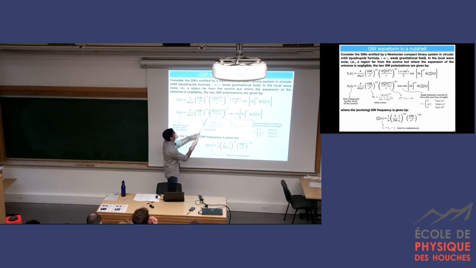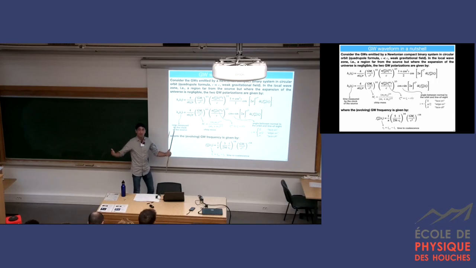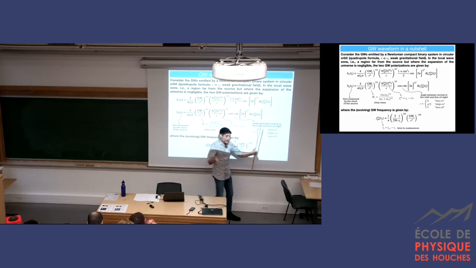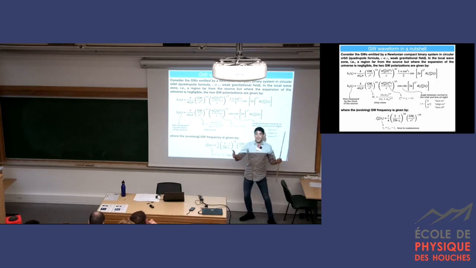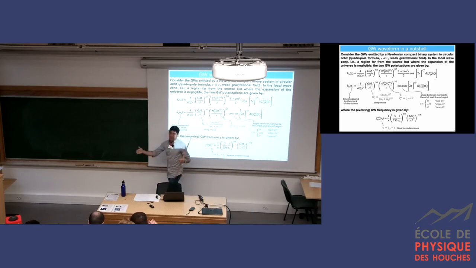Here I'm expressing the frequency of the gravitational wave as a function of the retarded time, which is defined simply as the time minus r over c. This accounts for the fact that the gravitational wave propagates at a finite speed, so we will have some kind of delay.